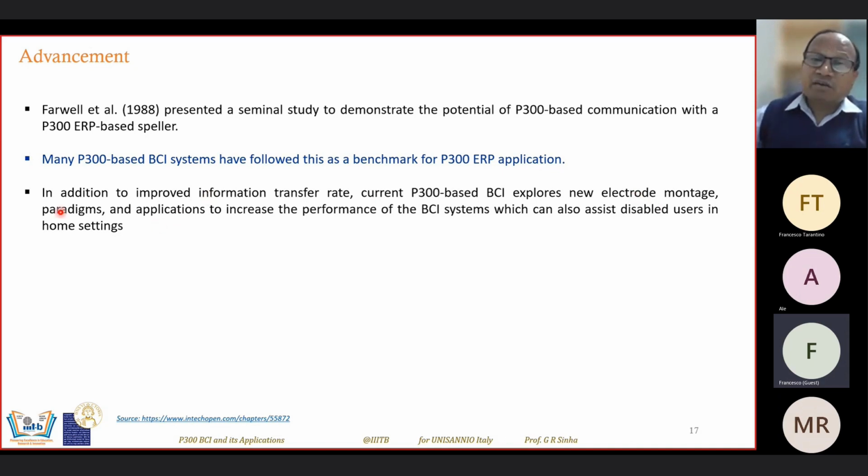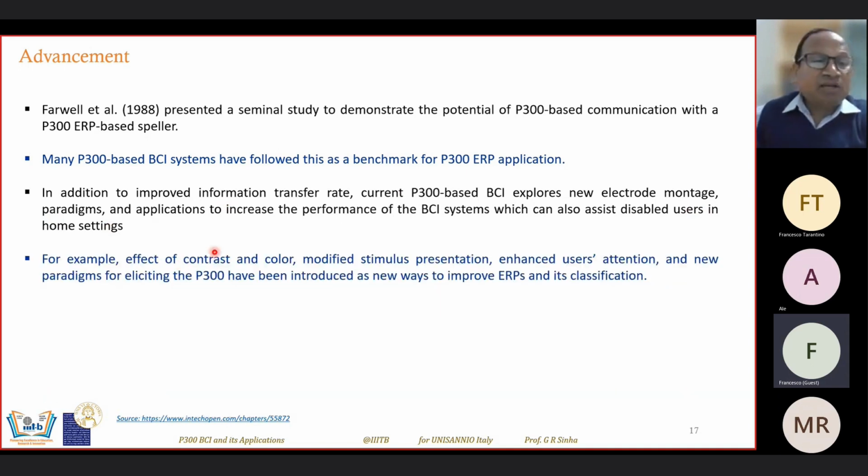Can we take different kinds of paradigms? We have yet to discuss paradigms in detail, and applications to increase the performance of BCI that can actually assist disabled users in the home environment. For example, the effect of contrast or color, proper values of contrast and color, and modified stimulus presentation. Can we modify the stimulus?